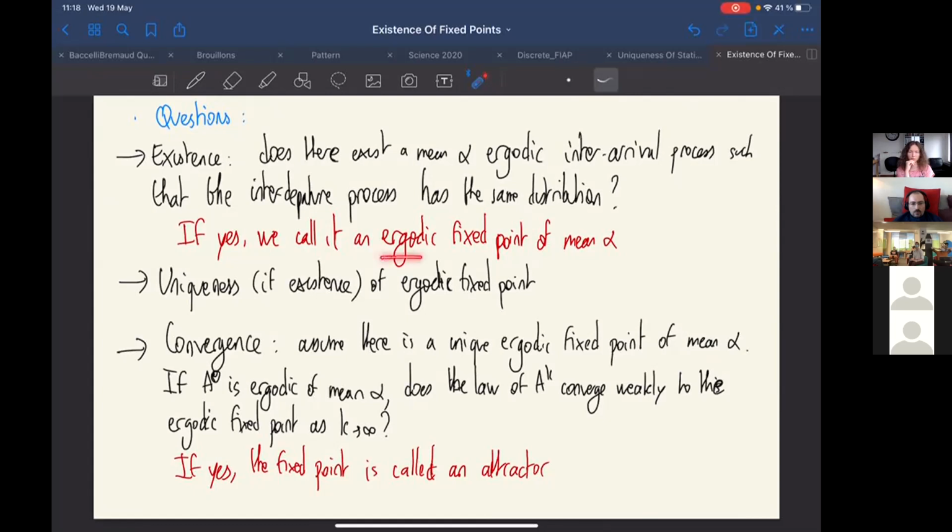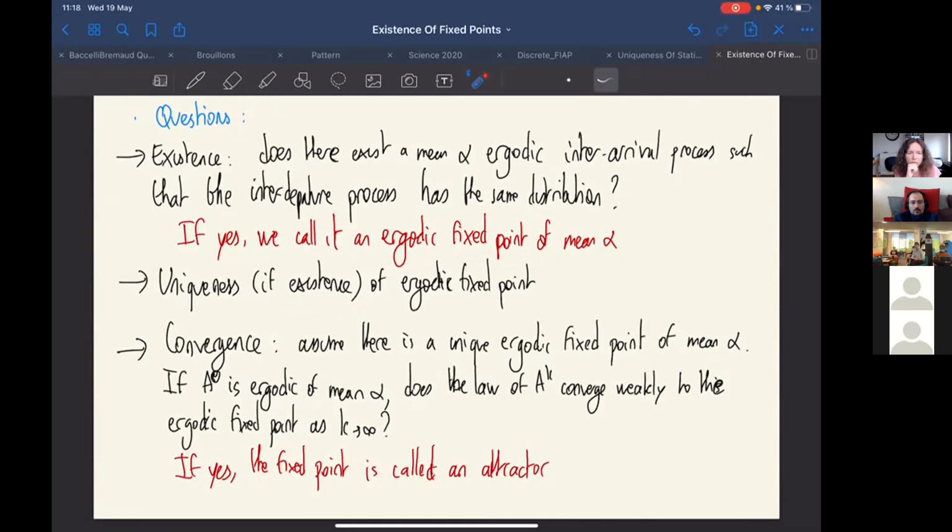And if yes, we call it an ergodic fixed point of mean alpha. Another question, which actually has been answered before the paper I'm presenting right now, is the uniqueness of the ergodic fixed points, if it exists. I'll mention this later, but we know that if there is an ergodic fixed point, then it is unique.